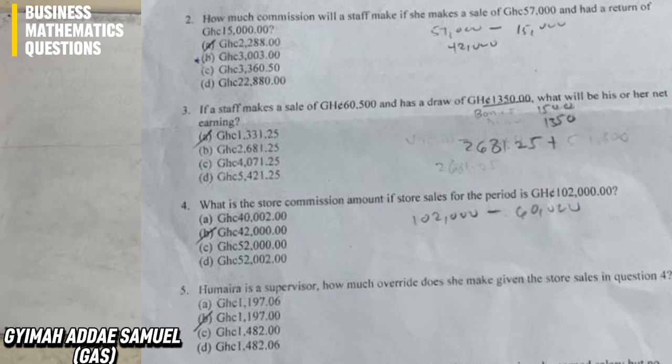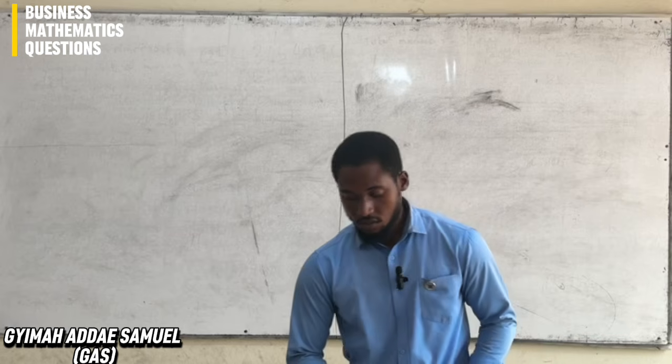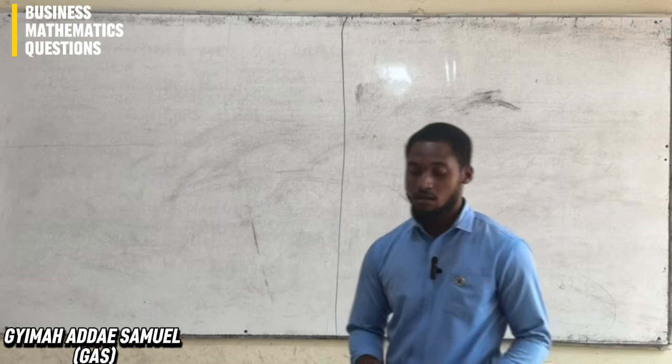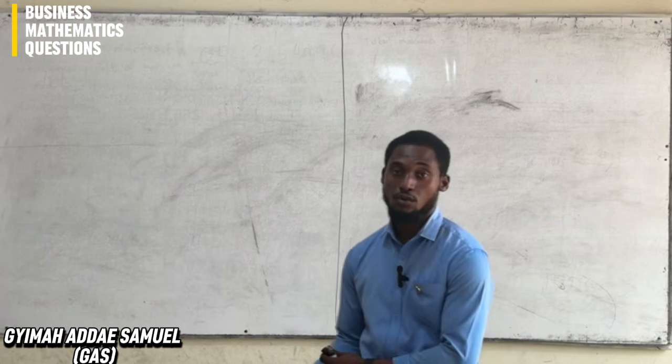It says, what is the store commission amount if store sales for the period is 102,000 Ghana cedis? So store commission amount is store sales minus store quota.